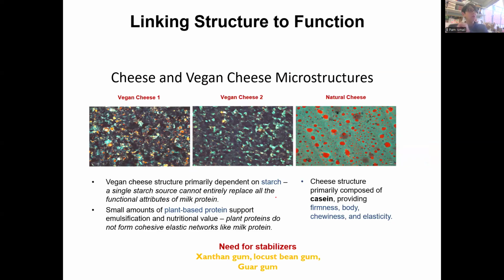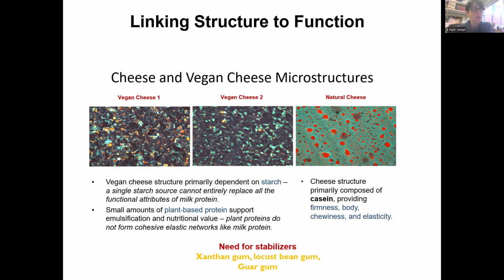So in an application, what does that mean? Companies are trying to replace animal-based proteins in different applications, and one of them is dairy alternatives, such as cheese. So if we look at plant-based cheese composition compared to natural cheese, this is CLSM, confocal laser scanning microscopy, with staining.